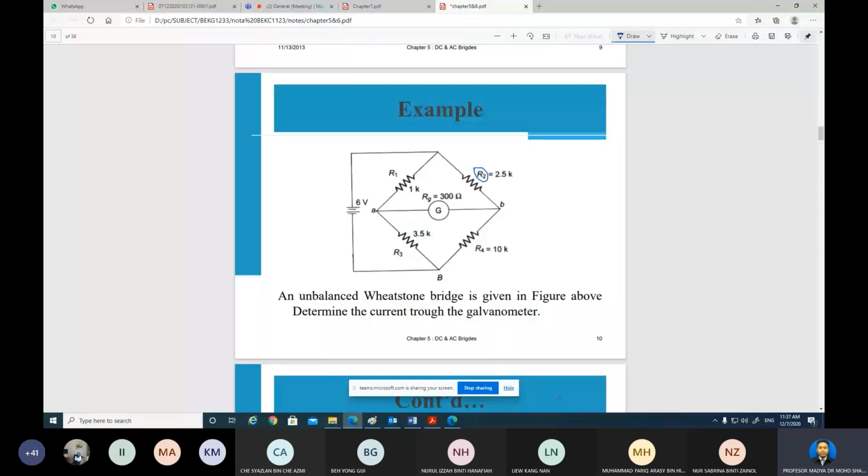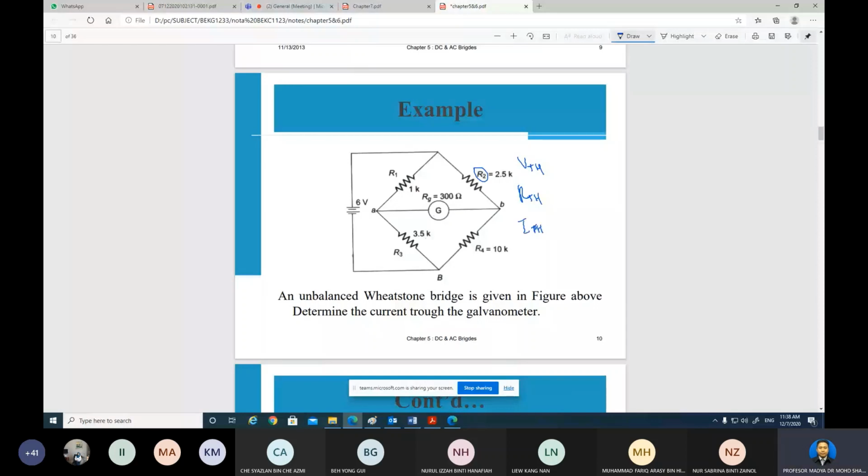So this is an example. First we have to calculate the Thevenin voltage using the formula, and then we calculate the Thevenin resistance. At the end we can calculate the Thevenin current.